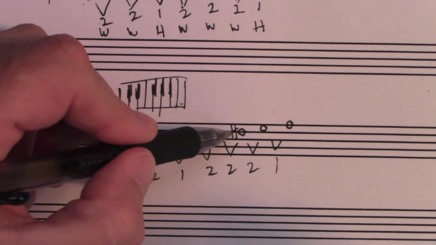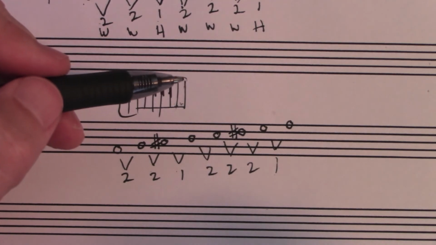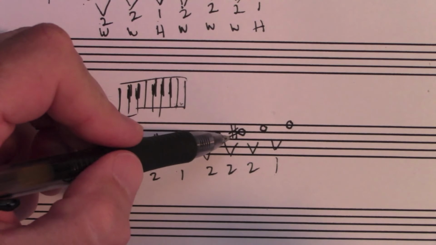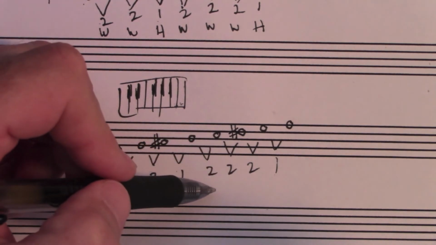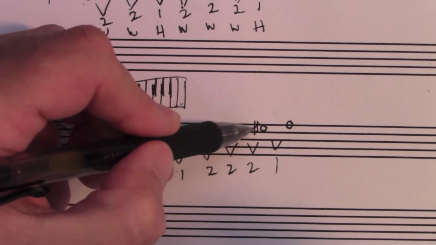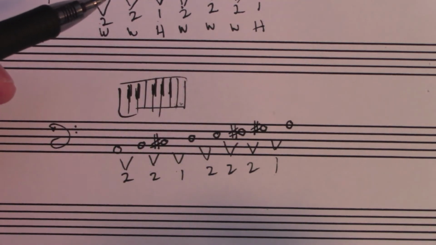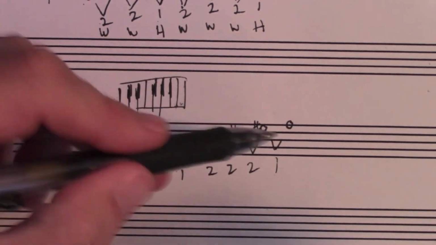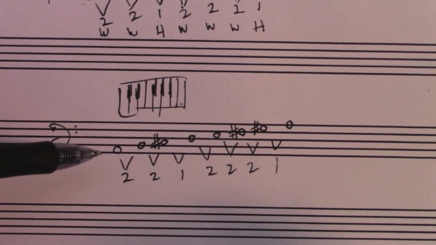We need to sharp the F. Now we have F sharp to G. Is that 2 half steps? Nope, it's 1, so we need to sharp the G. And then G sharp to A, is that, yep, good. There it is. There's our A major scale.